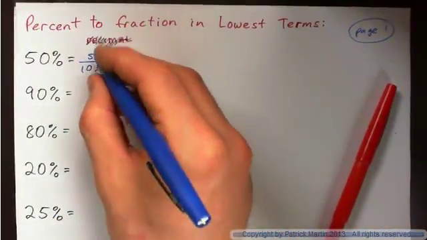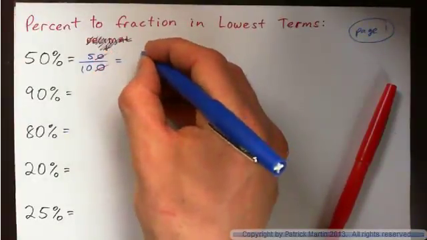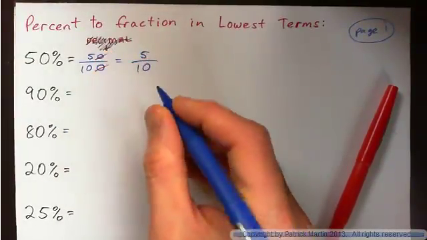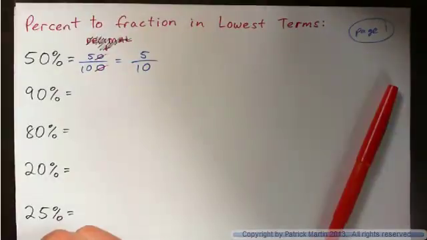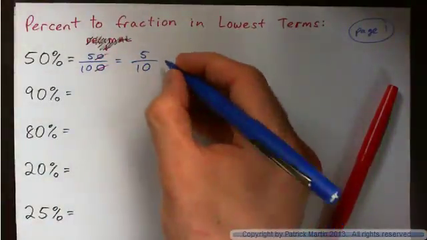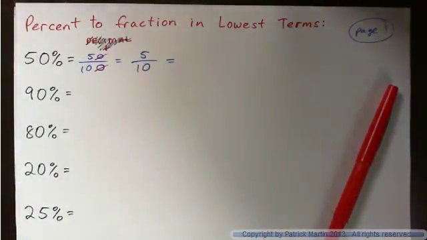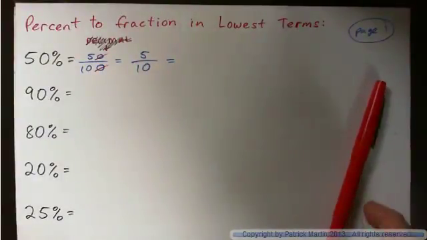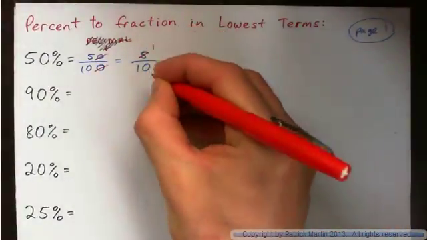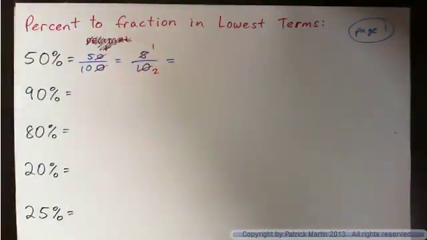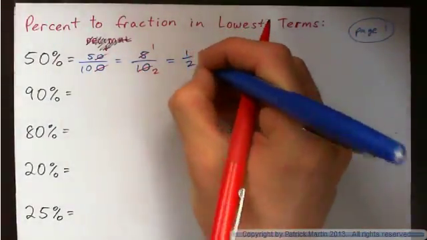So 50 divided by 10 is just 5, 100 divided by 10 is just 10. In other words, you can just cross off a couple of zeros like that. And now put this in lowest terms again. 5 into 5 goes once, 5 into 10 goes twice, right? So you get 1 over 2.